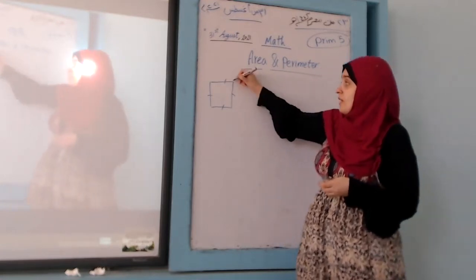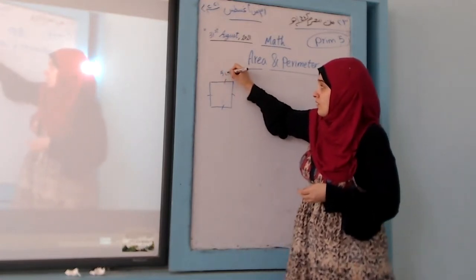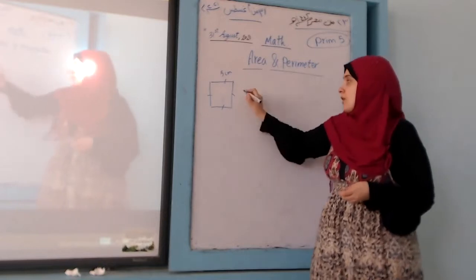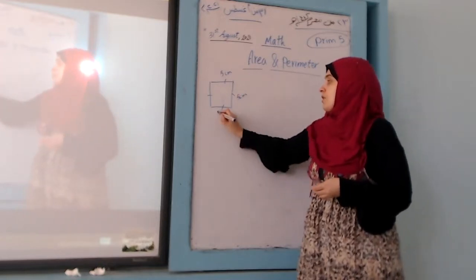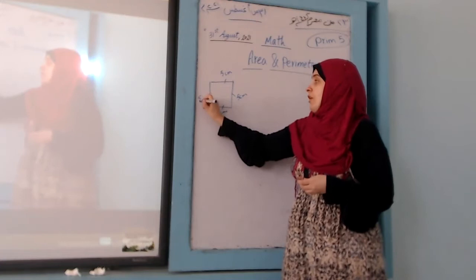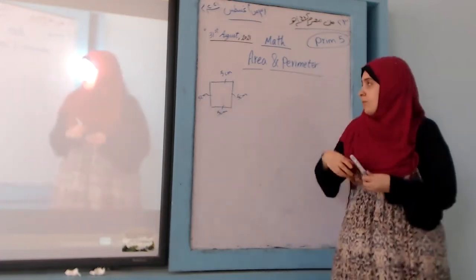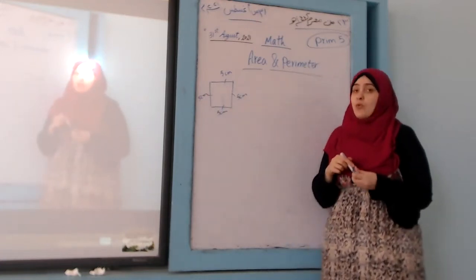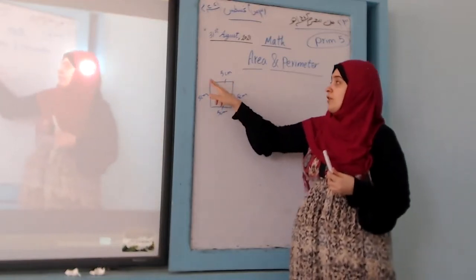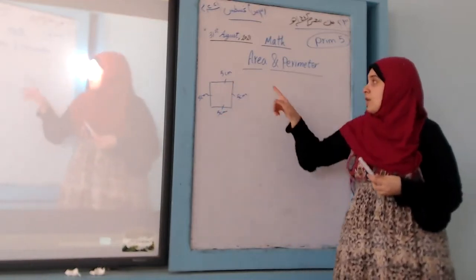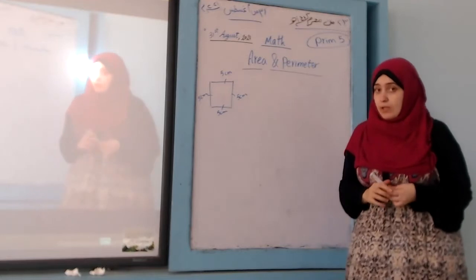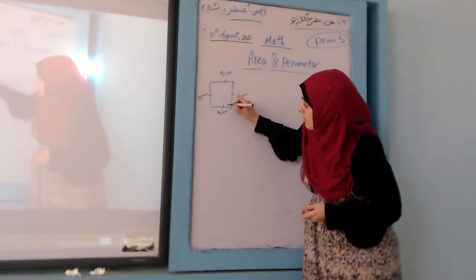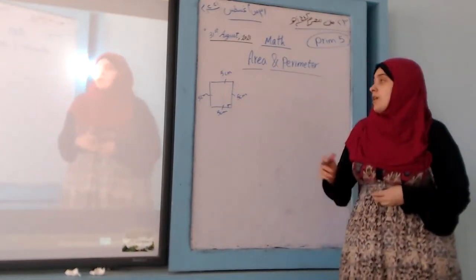So if this side equals 5 centimeters, then all sides also equal 5 centimeters. If I want you to describe the square, you will tell me that a square has 4 sides, all equal in length, and each angle equals 90 degrees.